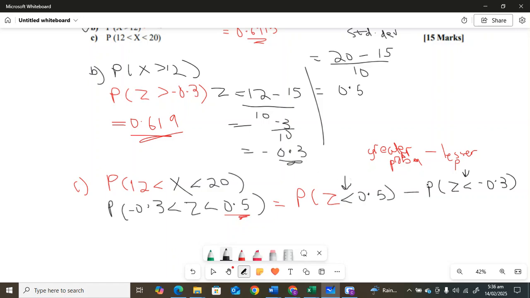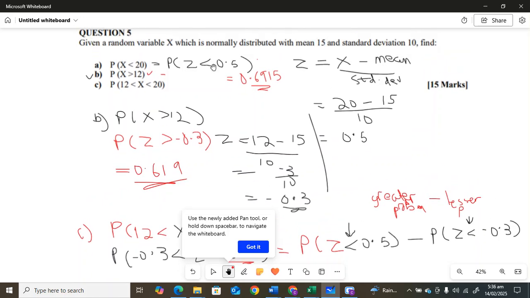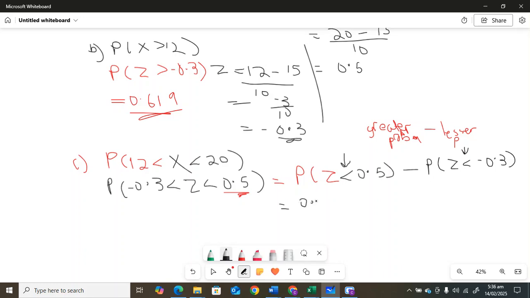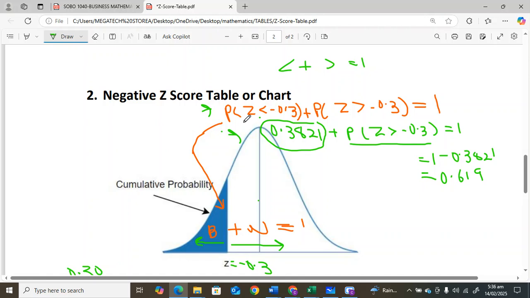Now, we already have these probabilities. P of Z less than 0.5 is 0.6915, minus P of Z less than negative 0.3, the one we got here, 0.3821.